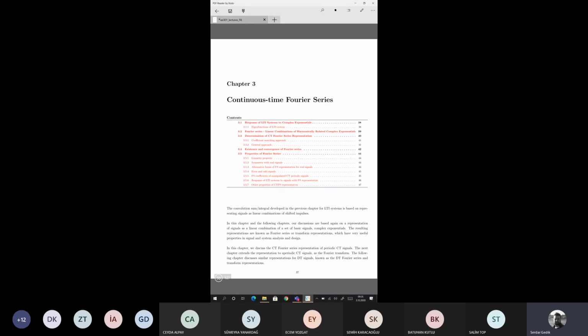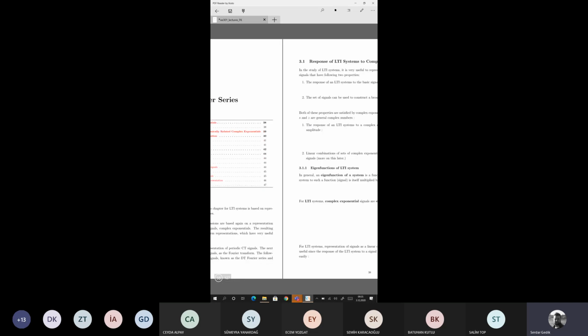In the next chapter, we will see that regardless of their periodicity, we can write continuous time signals as combinations of exponentials, again some simple signals, and the following chapters will continue with those properties for discrete time signals. So this chapter and the next chapter are devoted to continuous time signals, and the following two chapters are devoted to discrete time signals.